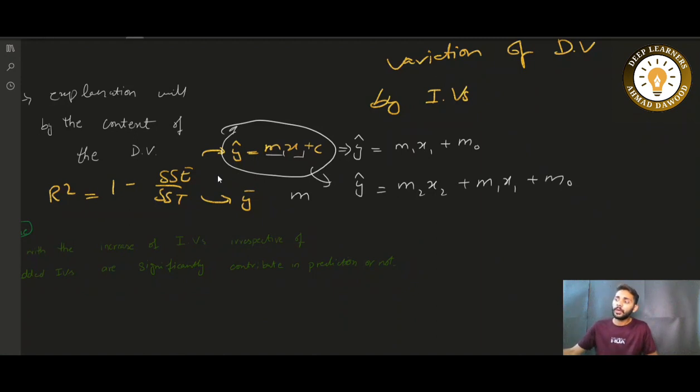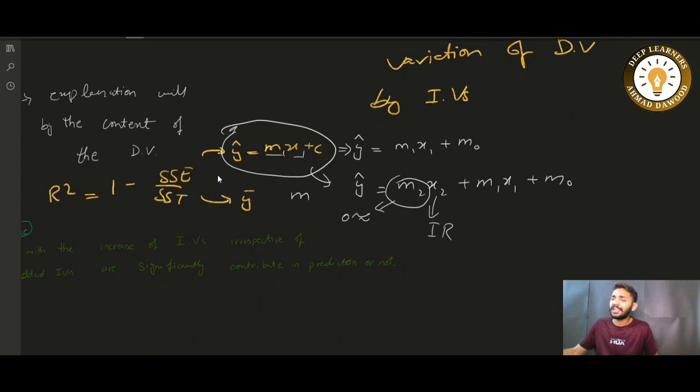If the feature you add is irrelevant, then due to the nature of the equation, if it is completely irrelevant and has no relation with your prediction, it will make m2 approximately equal to 0.